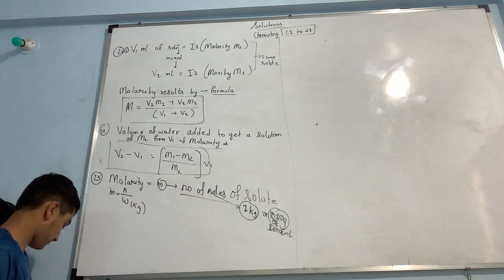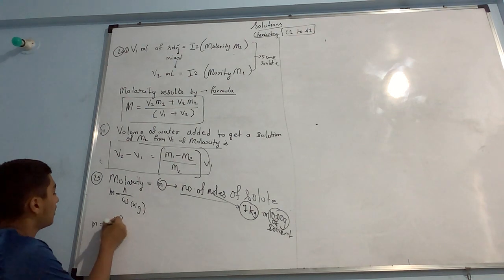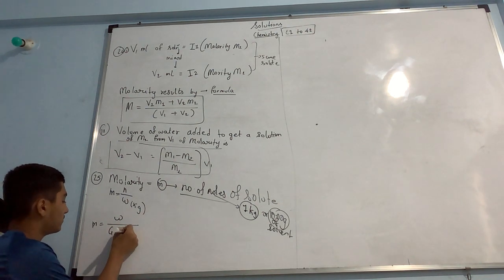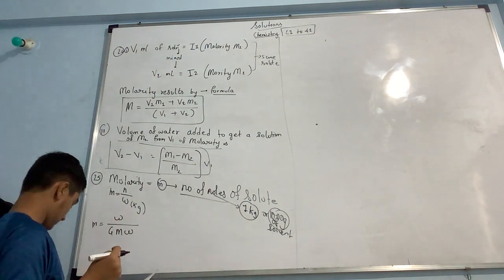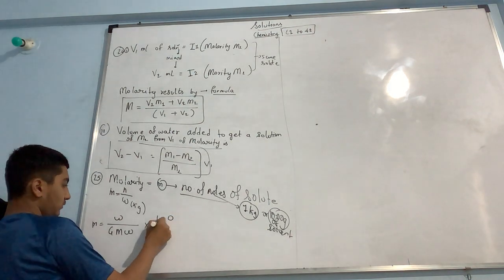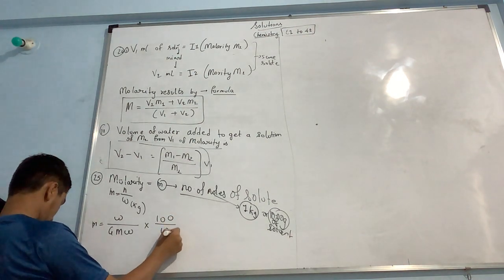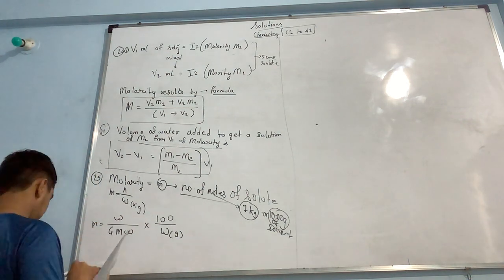Now M is equal to W upon GMW, not BMW, GMW, multiplied by 1000 upon W in grams.